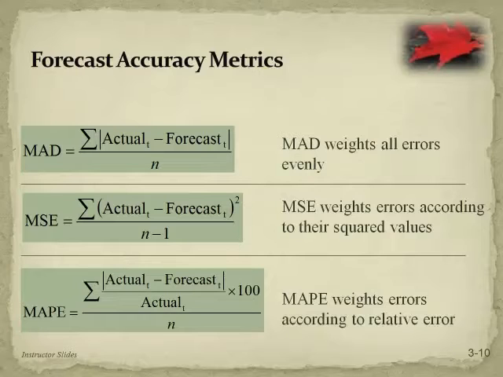If you look at the numerator in the MAPE formula and compare it to the numerator in the MAD formula, you'll see that they're very similar to each other. The error, actual minus forecast, the absolute value. The only difference is that I am dividing by the actual value and then multiplying that ratio times 100. When I divide by the actual and multiply times 100, what I'm essentially doing is converting that error into a percentage.